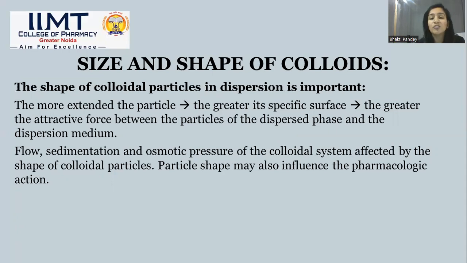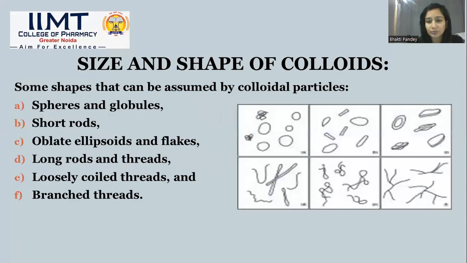Particle shape may also influence the pharmacological activity of the colloids. Here are some shapes of colloids. Some are spherical and globular, some are short rods, oblate ellipsoids and flakes, long rods and threads, loosely coiled threads and branched threads.